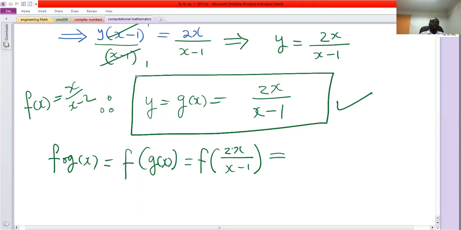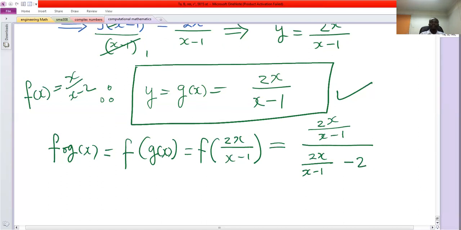We are giving it this input, so it will take that input, 2x over x minus 1, divided by the same input, 2x over x minus 1, then you subtract 2. So let's simplify the denominator: 2x over x minus 1 minus 2. The LCM is x minus 1.